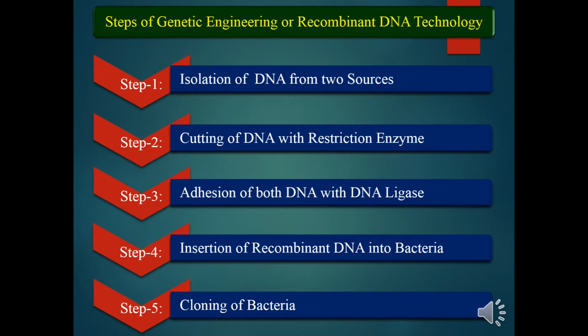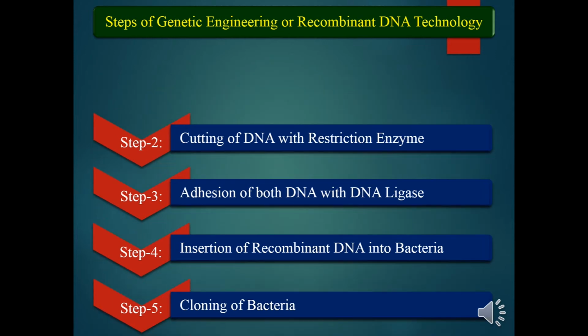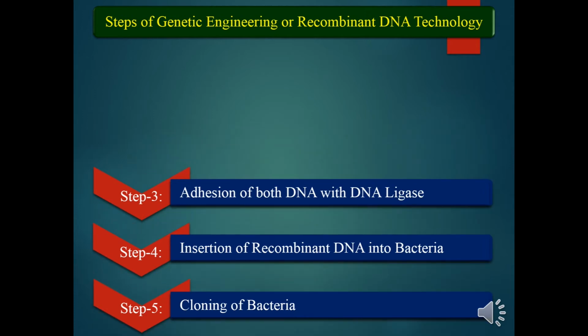Now, step 1, isolation of DNA from two sources. That means DNA molecule from a carrier and DNA molecule from another sources are to be collected. Step 2. Cutting of DNA with restriction enzyme. After collecting the DNA from two sources, we have to cut the DNA with a special enzyme known as restriction enzyme.